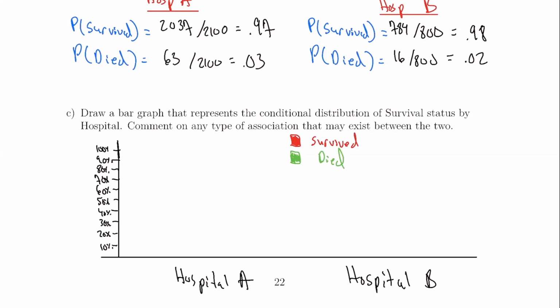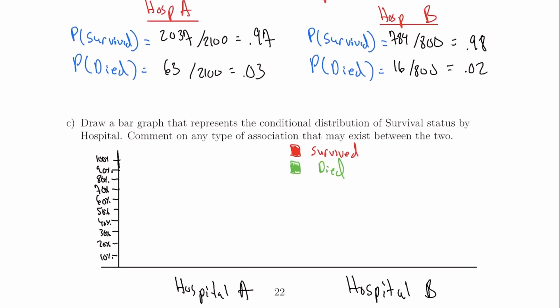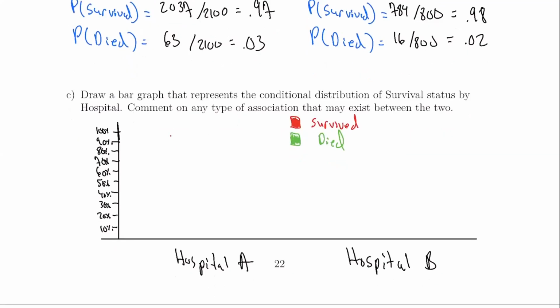So let's go ahead and do hospital A. Hospital A had a 97% survival rate. So we'll say, all right, so that's the survival rate. And then we're going to do the percentage of people who die, which we'll do in green. So green with 3%.